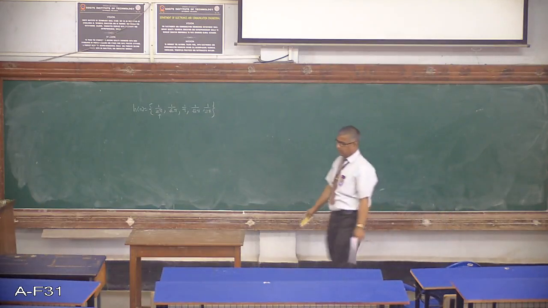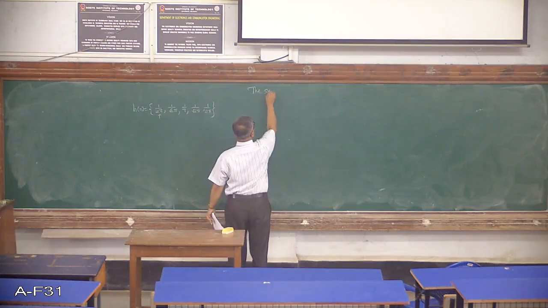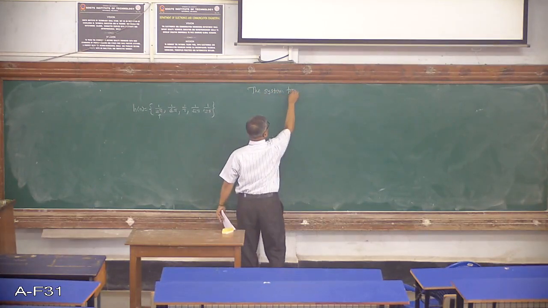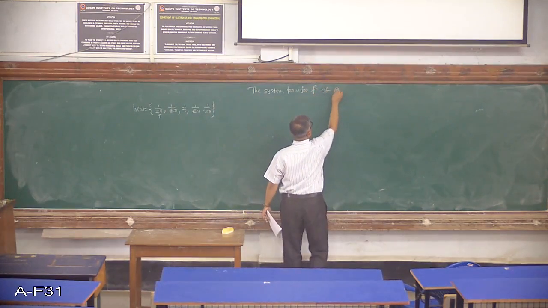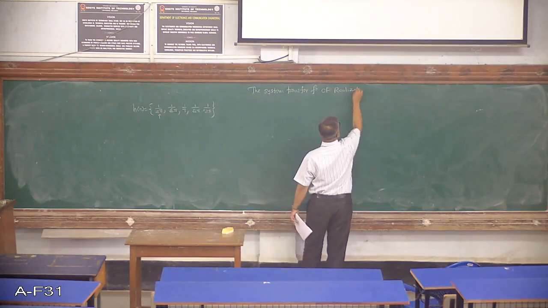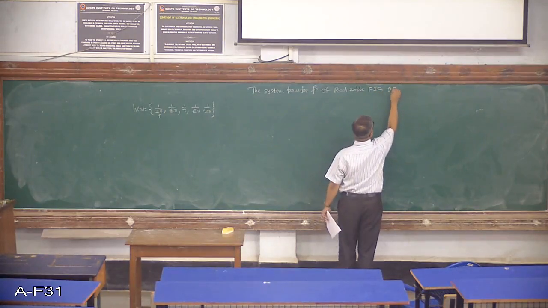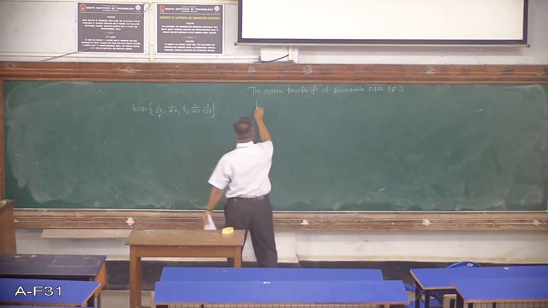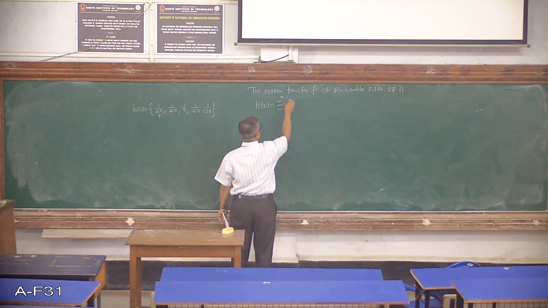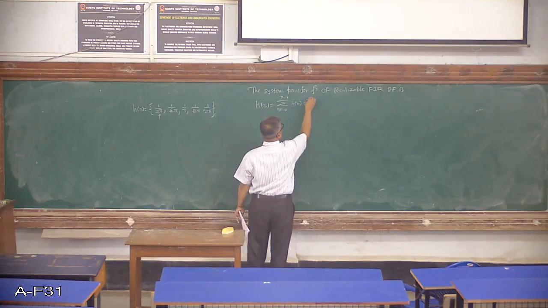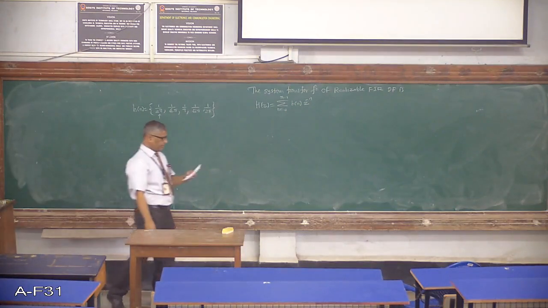The system transfer function of a realizable, or you can say causal, FIR digital filter is, directly I can write H of Z, simply the Z transform: sigma n is equal to 0 to N minus 1 h of n into Z raised to minus n. There is no need of shifting here because it is already right sided. So this formula you can directly apply.